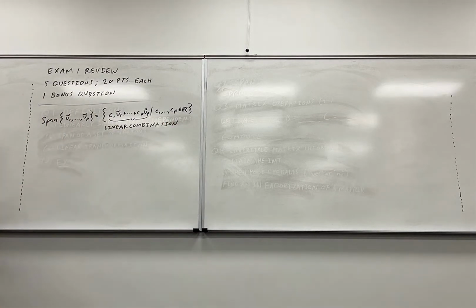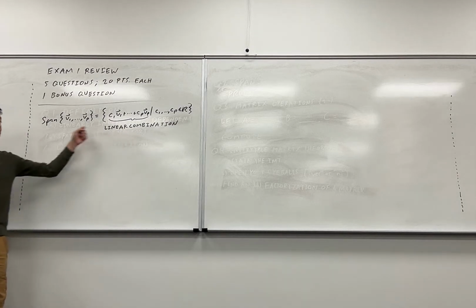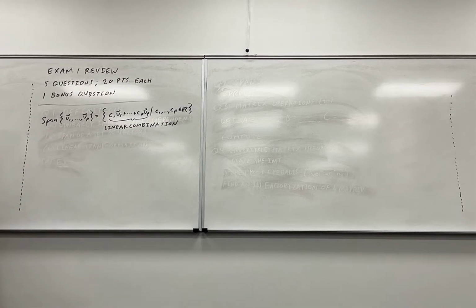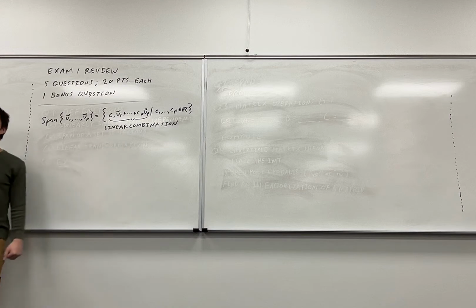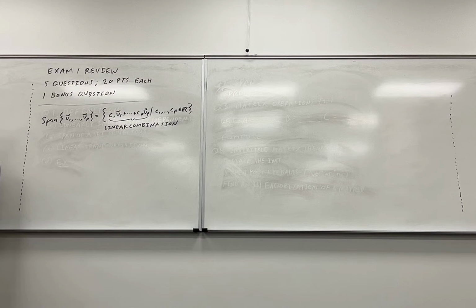Okay, so now that we've identified that this is called a linear combination, interpret this in English. What is the span? The set of all possible values that can be reached by using a constant multiplied with the vectors.